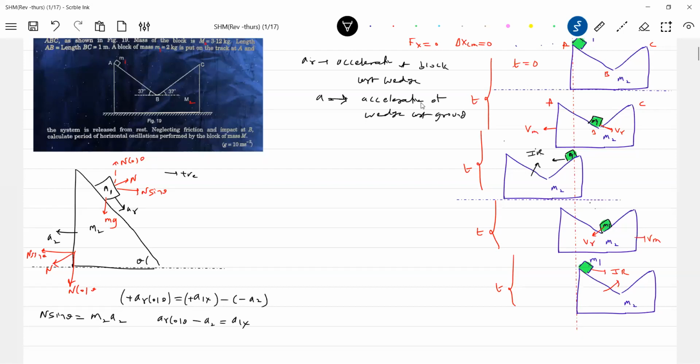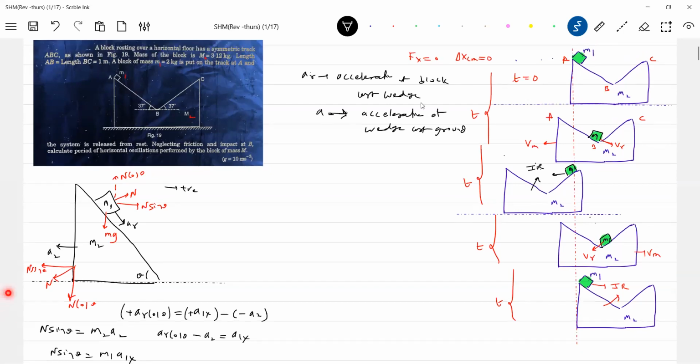Okay, these are the major equations. So based on this, N sine theta equal to M1 A1x. We know masses M1, M2. If you want, directly you can substitute and solve. Equating these two, we'll get the relation between A2 and A1x. I'll substitute that, but I need one more.